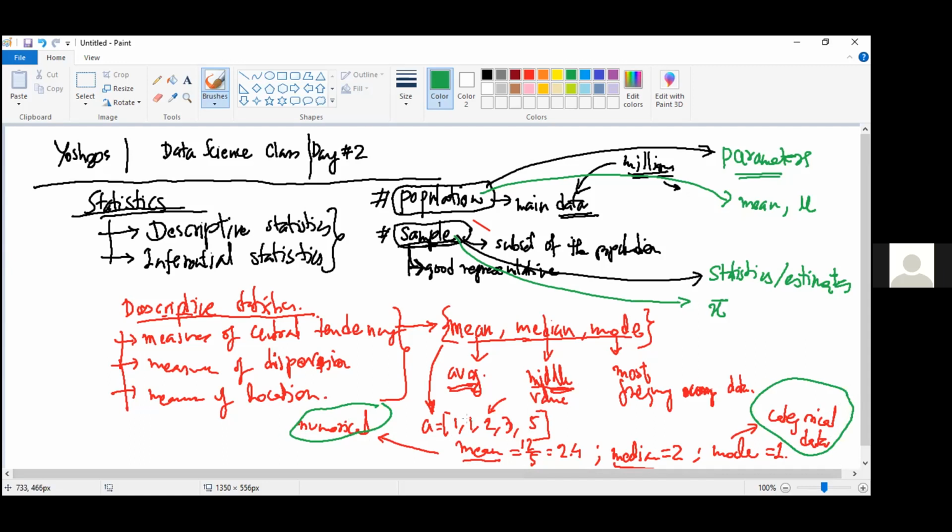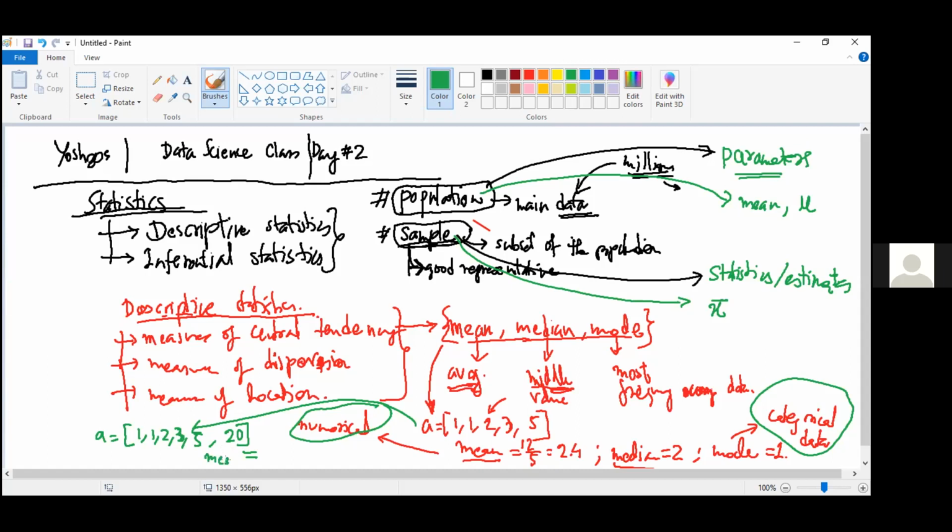Now suppose I make a small change in this data. Suppose I had this data 1, 1, 2, 3, and 5, and a new data point comes in, make it 20. Let's check out the new mean, median, and mode values.